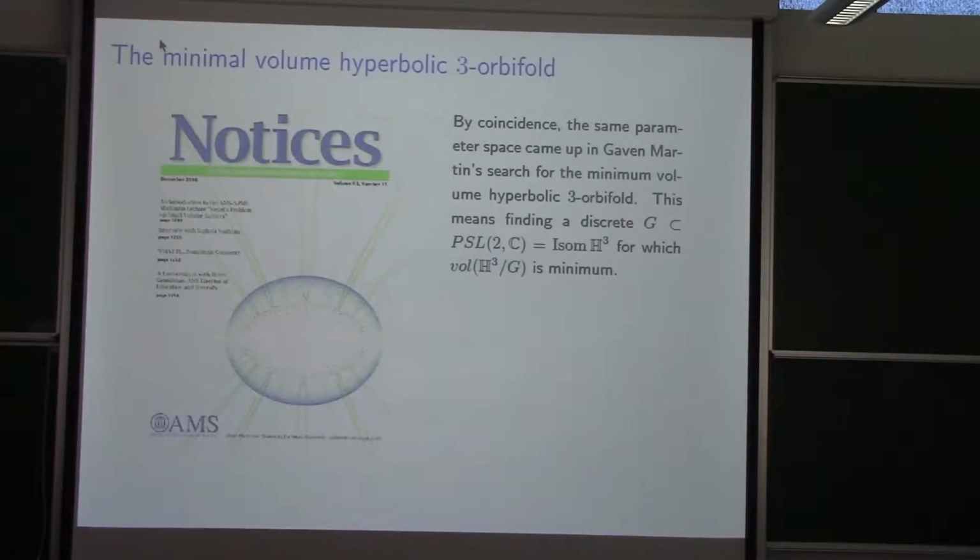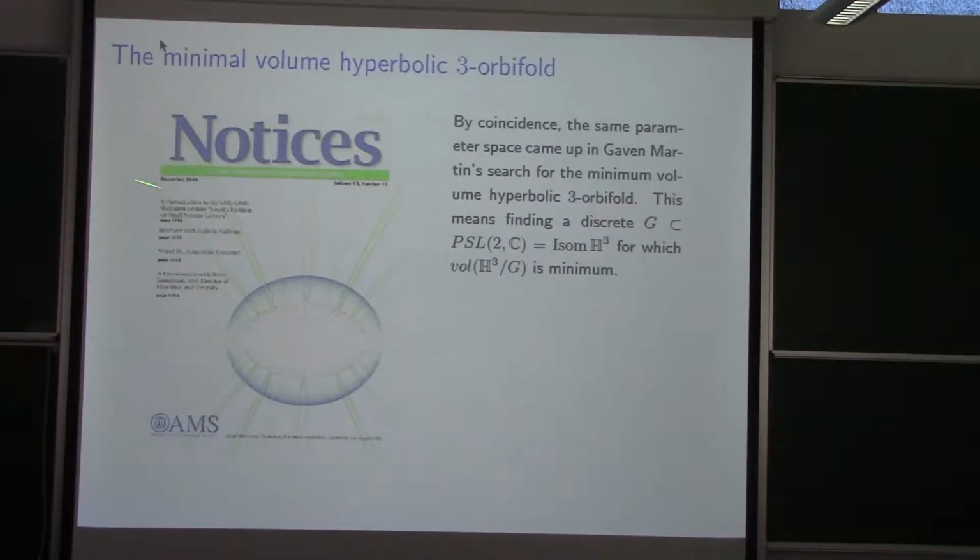The first one is something that hasn't come out very well, but it's come out terribly actually. Anyway, if you look at the Notices of the AMS from a year ago, there is a rather beautiful picture on the front cover, in which you see lots of rays, and lots of red dots and lots of blue dots.